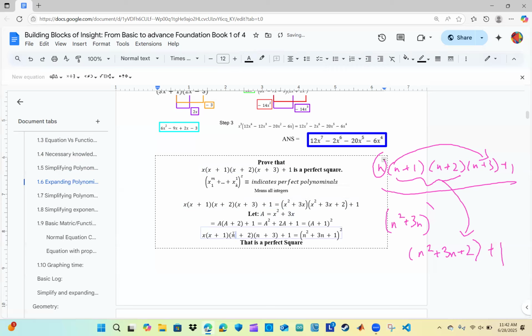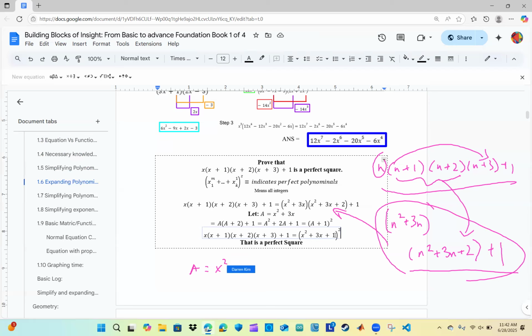I don't even, this proof question's off also, but what is this? Okay, so we get this over here, and you say a equals x squared plus 3x.